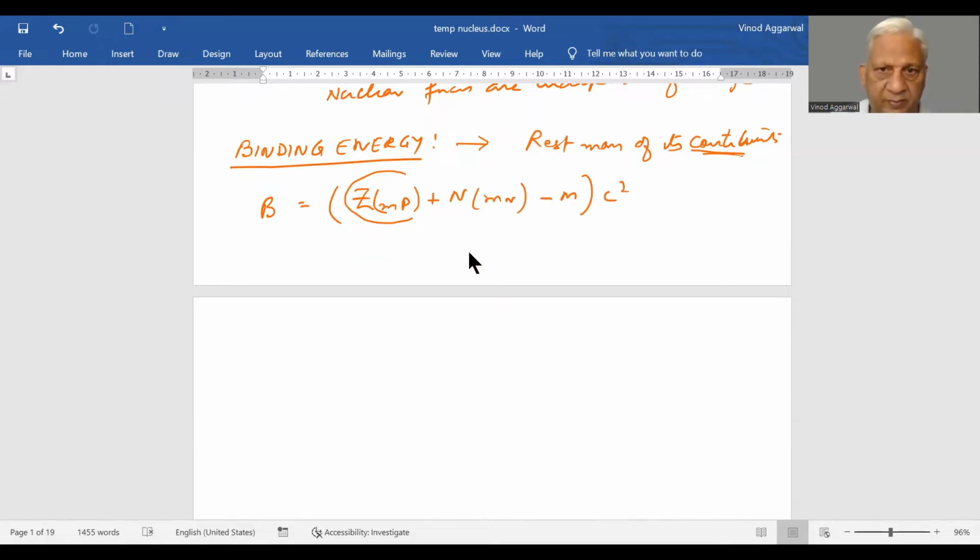M is the mass of the nucleus. Now you might be wondering that this is nearly the mass of the nucleus, and then why is it different from the mass of the nucleus? Yes, it is, because when the constituents are bound together, the total mass becomes less.